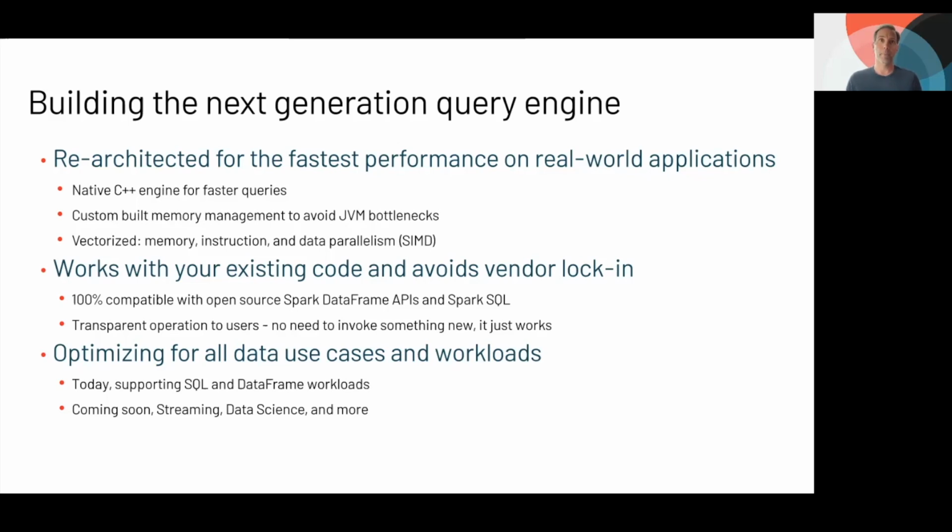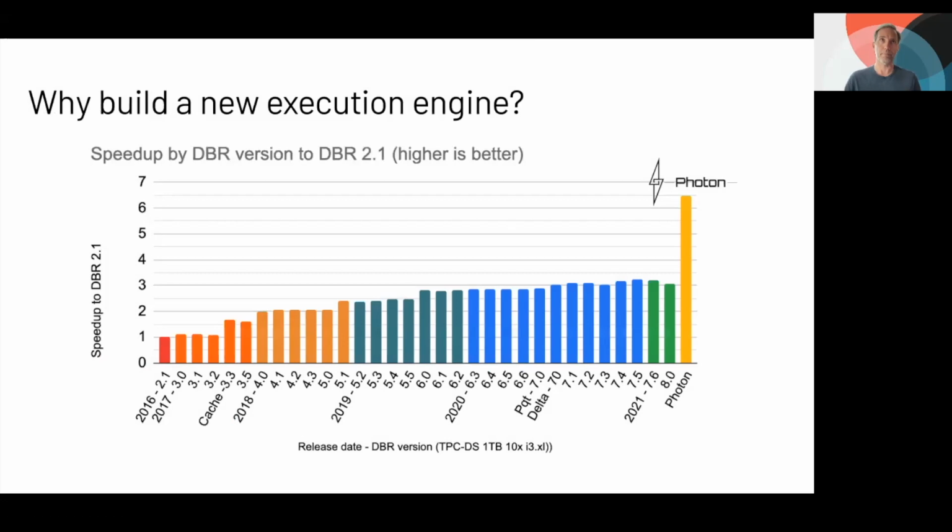Now, you might be wondering, why go off and build a new query engine? Let me show you why. Here is a normalized performance chart of every Databricks runtime version going back to 2.1 in 2016.